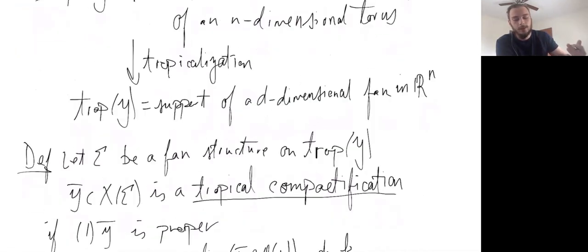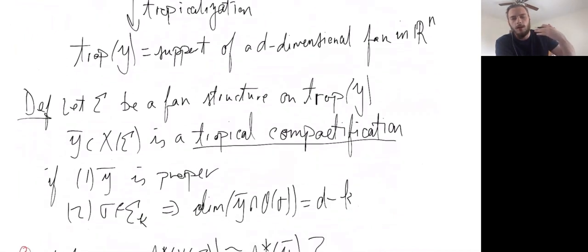So I'll take a fan structure on this tropicalization, and this is going to give me a toric variety with torus T. So that gives me a partial compactification of this torus T, and then I will try to compactify Y by taking its closure in this toric variety.